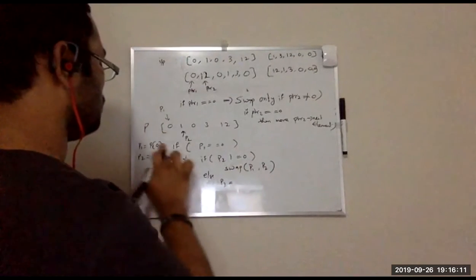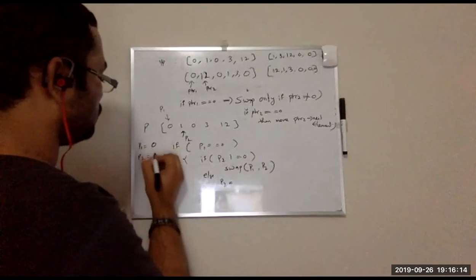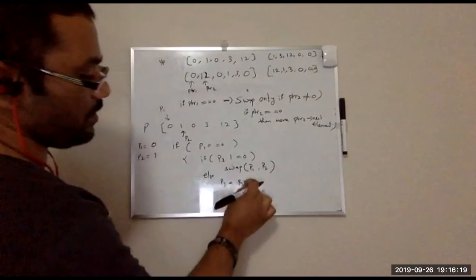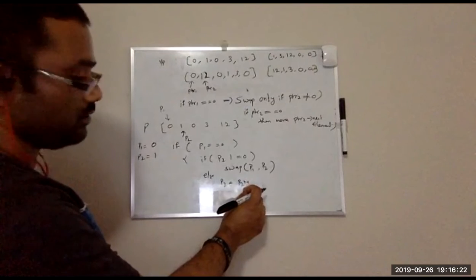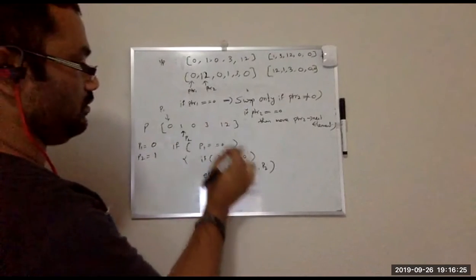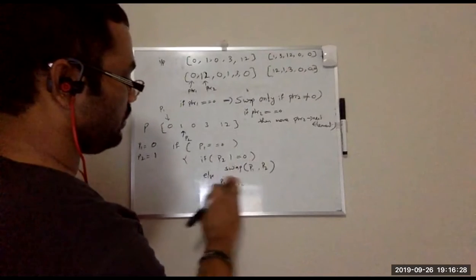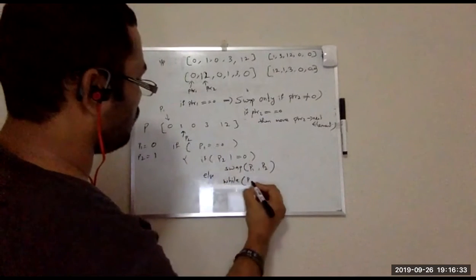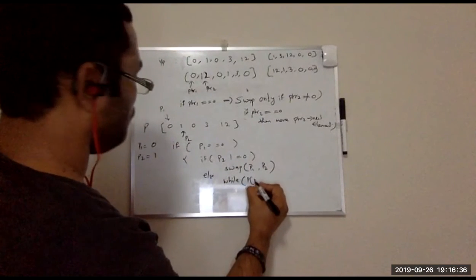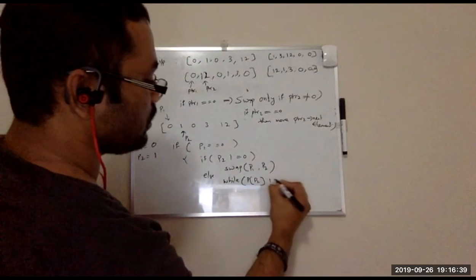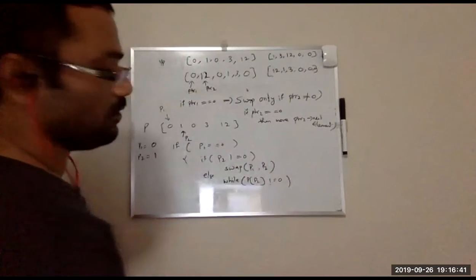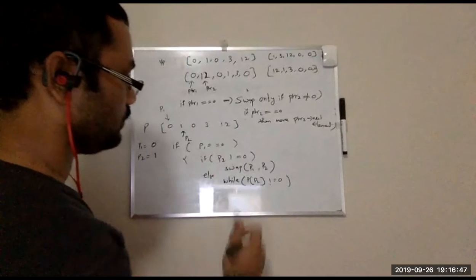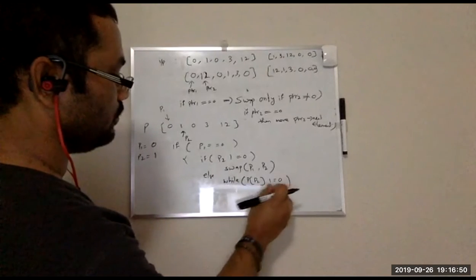We should not take values here, we should take indices. We increment P2 plus plus, so that our pointer is moved to here, which is 3. So we will have a while loop here until the value at P of P2 is not equal to 0.